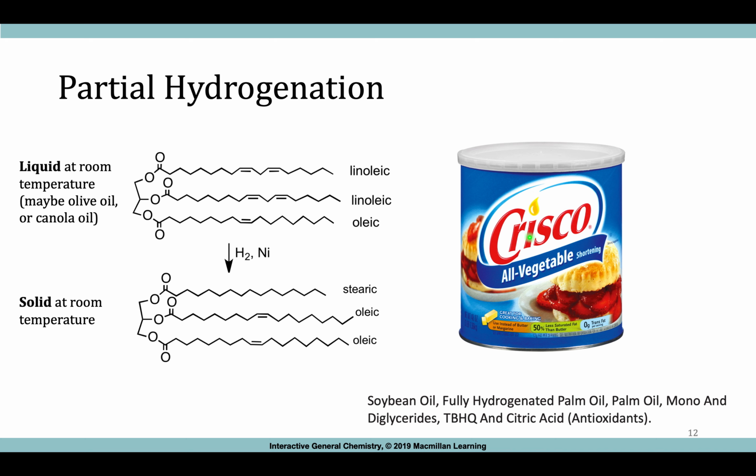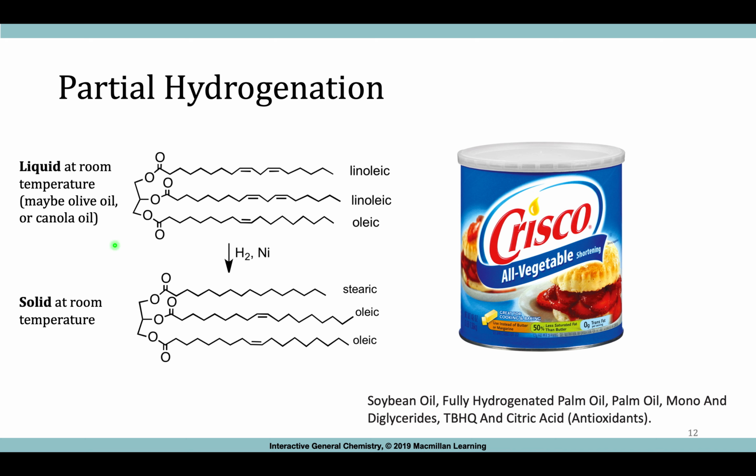So what they're doing is choosing a mix of oils, in this case soybean oil and also fully hydrogenated palm oil. They took palm oil, which has a bunch of double bonds, completely hydrogenated it, and then they also took normal palm oil. And then they also took some different diglycerides, used to give it some texture, I'm assuming. And these are antioxidants to keep it from going rancid over the long term.